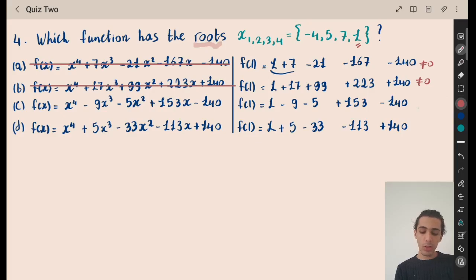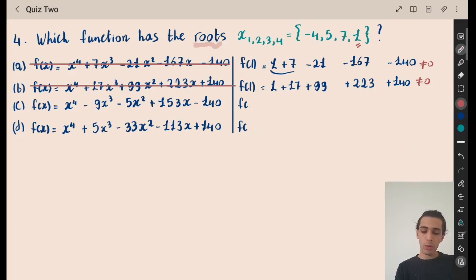For these two functions, however, for the last two, they are actually equal to 0. You can check this. It's going to be 146 minus 146, and this is going to be 154 minus 154. So we need to find another value, and for this I'll choose 7, which is weird because 7 is supposed to be the biggest number.